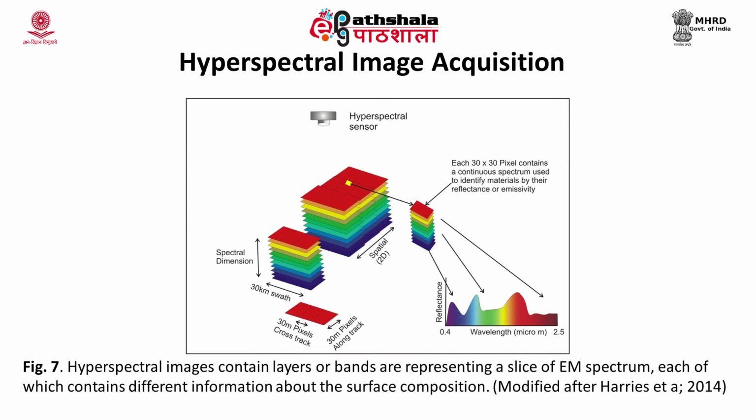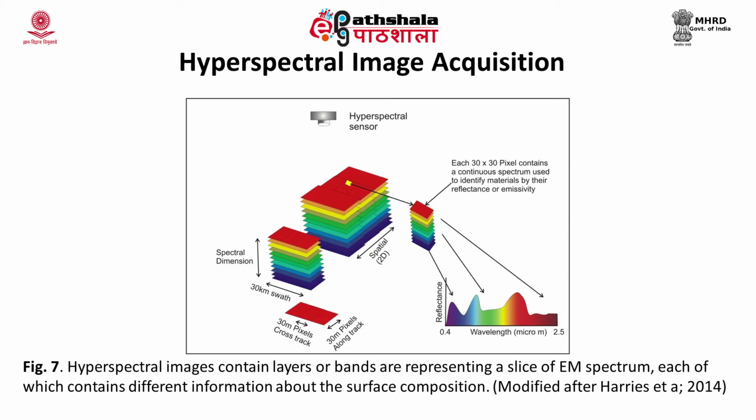Here you can see how exactly we acquire these hyperspectral images. The hyperspectral sensor continuously collects information for different bands. Each pixel, depending upon the pixel size, here 30 by 30, contains a continuous spectrum used to identify material by its reflectance or emissivity.